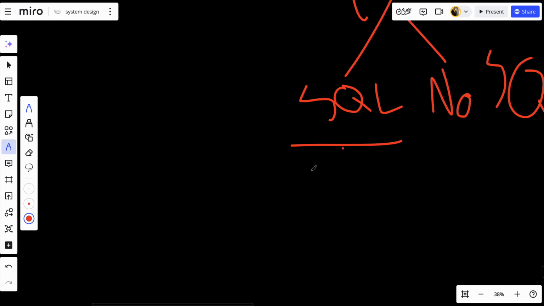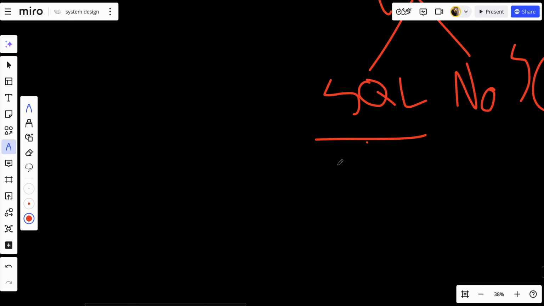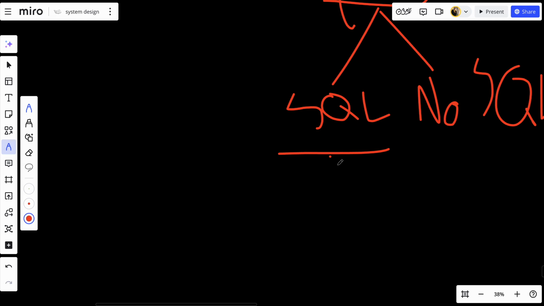For SQL databases, I would say that in your system design, by default, you go with SQL databases. These are relational databases that store data in tables, which are linked through defined relationships. SQL databases use structured query language, which is SQL, for managing and querying data, and they are ideal for systems requiring strong consistency and complex queries.